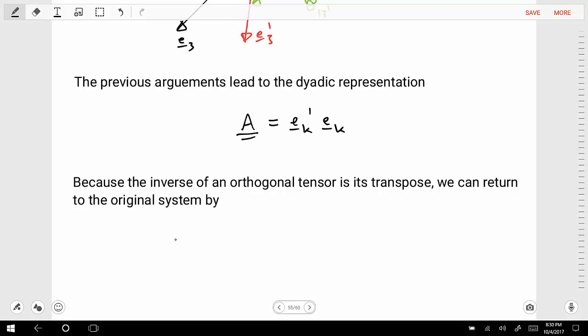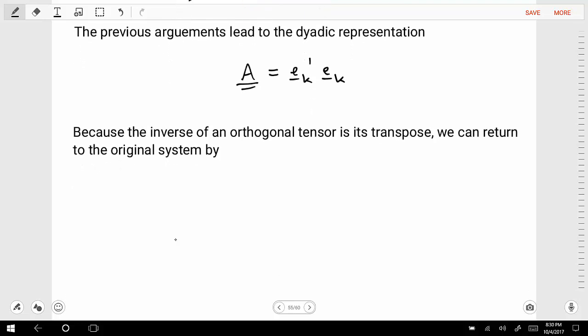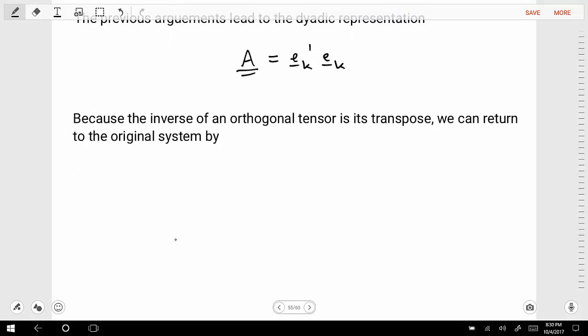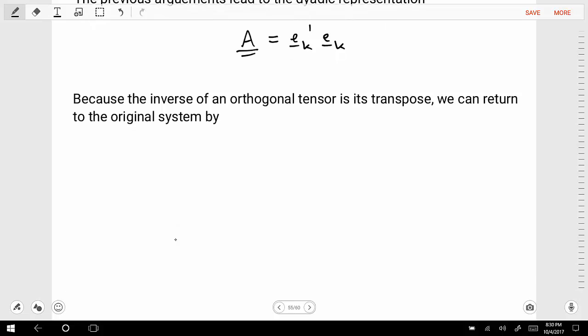Now, another thing that we can find is because we have an orthogonal tensor, we know in previous work that the inverse of an orthogonal tensor is actually equal to the transpose. So from this, we can actually find the inverse relationship of what we started with.